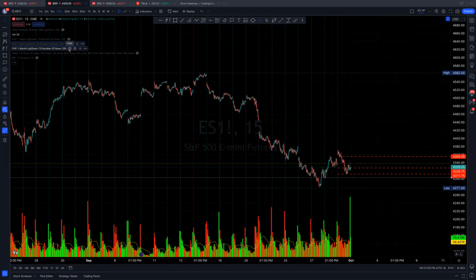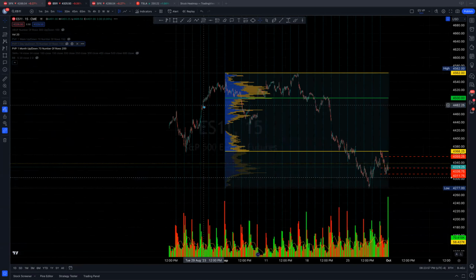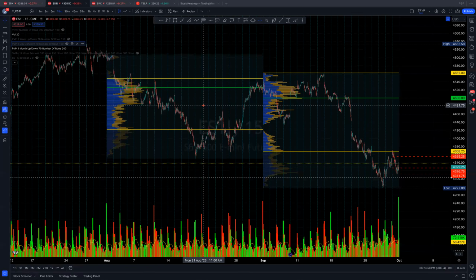And then I have the monthly profiles. This is for more longer term trading, to find very important areas where we might have significant volatility.